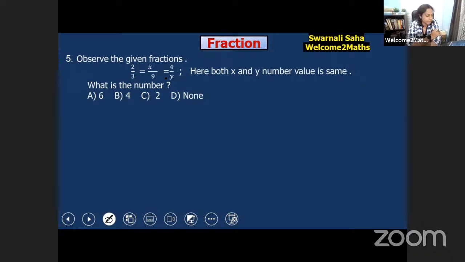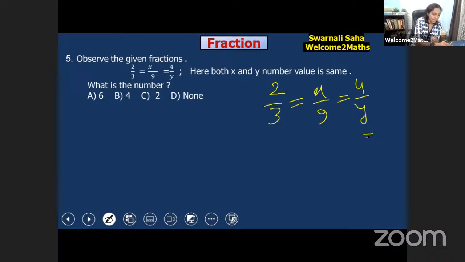We have to find the value of x and y, where x equals y basically. What would be the answer? Can you find out?